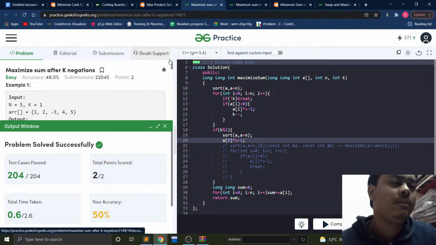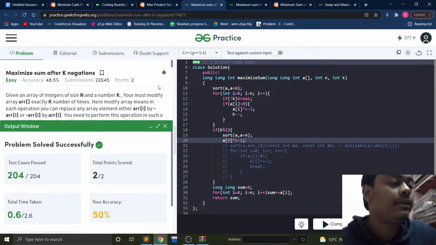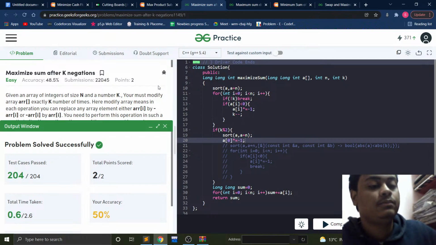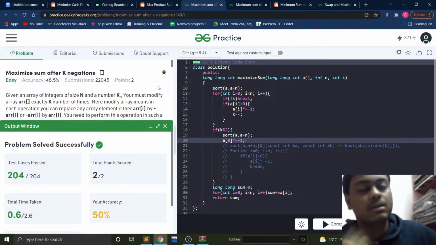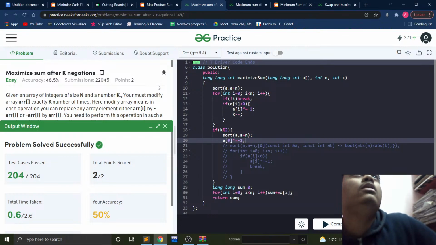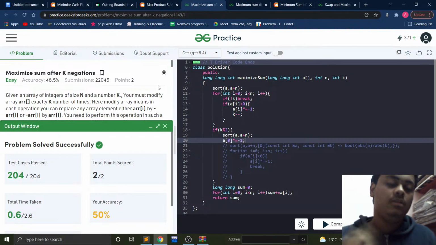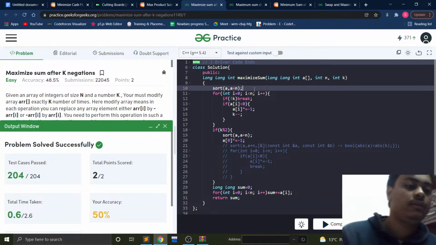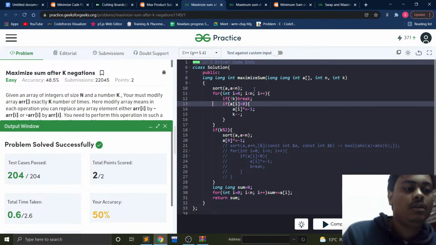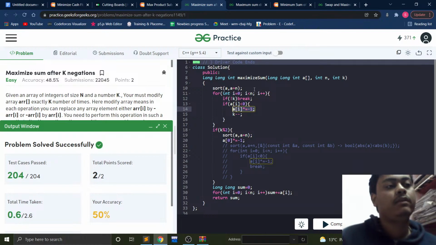Else the smallest one will become negative, and it's not a big deal because that's best. If you have a smaller k and a large number of negative values, then you will have to make the smallest negatives positive first. So just sorting it in the first place and then negating each value one by one is the best option.